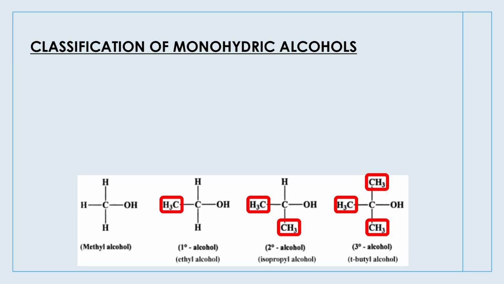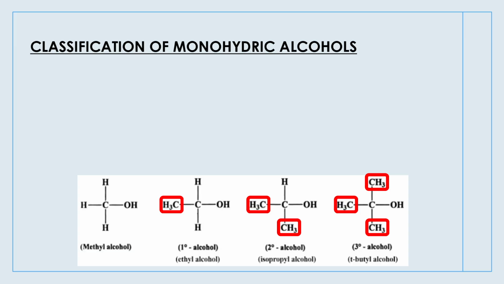Talking about the classification of the monohydric alcohols, the classification is based on the carbon atom. If the carbon atom bonded to hydroxyl is primary carbon. What does primary carbon mean? Primary carbon means the hydroxyl-bonded carbon is attached to one alkyl group.